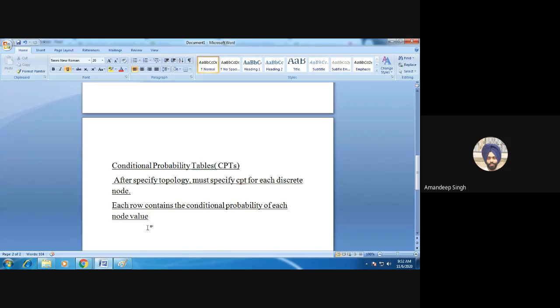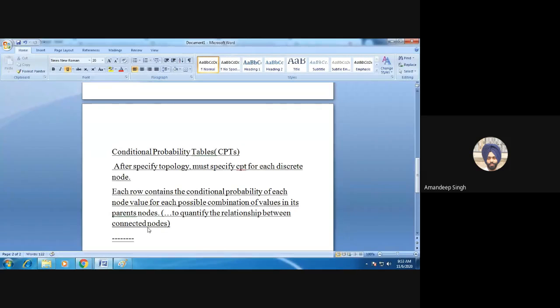So basically each row contains the conditional probability of each node value for each possible combination of values in its parent nodes. Fine. And this is basically why we are doing this, to quantify the relationship between connected nodes.